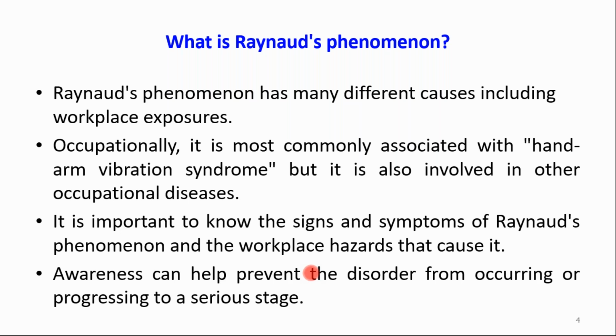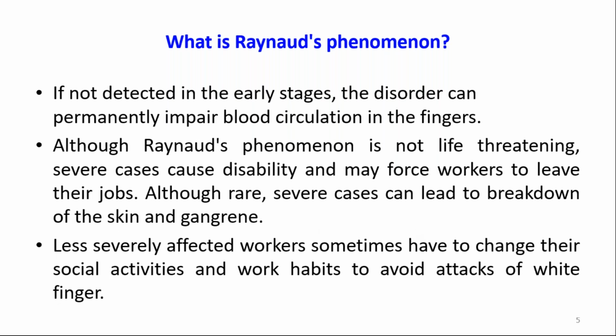We can rub the hand, or go to a working environment where the temperature is higher than the previous one, or avoid vibrating machinery work for some time and continue after a gap. So we must know about this white finger disease. That is the part of awareness, and if you know about it, you can avoid it at an initial stage.